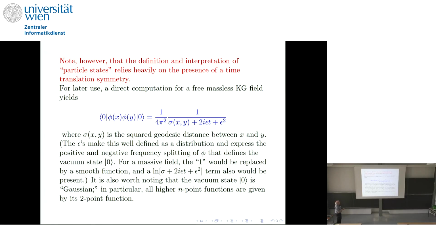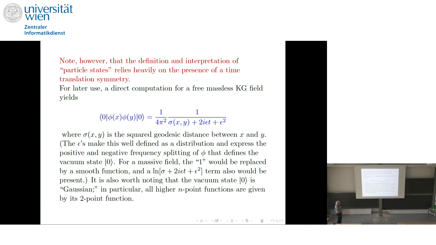Let me just mention here that products of field operators at the same point are going to be problematic. That's a nonlinear distribution, but this is a bi-distribution. There's no problem with that, and the form of this bi-distribution in the vacuum state is worth noting.